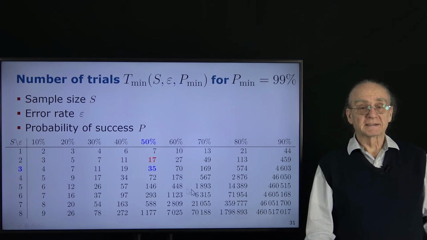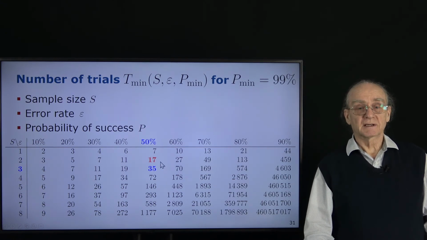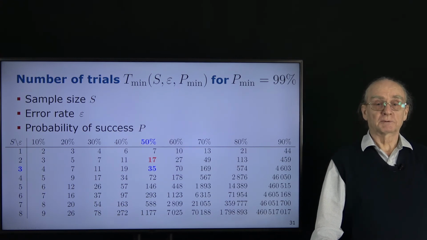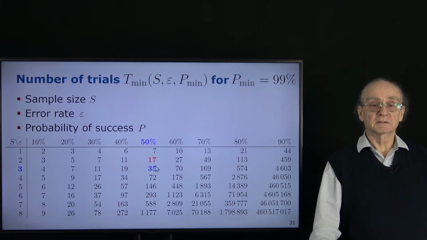Let's start with an example. We start with this 17 here. It relates to the case where the minimum sample which we have to draw is 2. So this is the case of the straight line fitting where we selected 2 points. And we assume that the outlier ratio of the data is 50%, and then this table tells us it's 17.